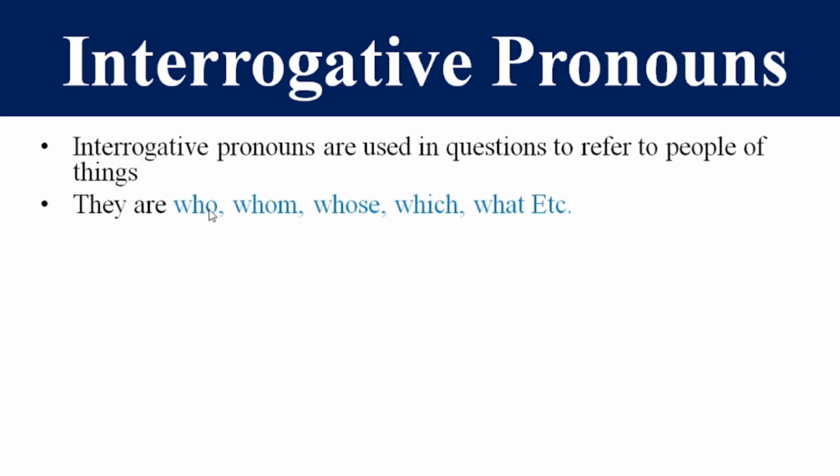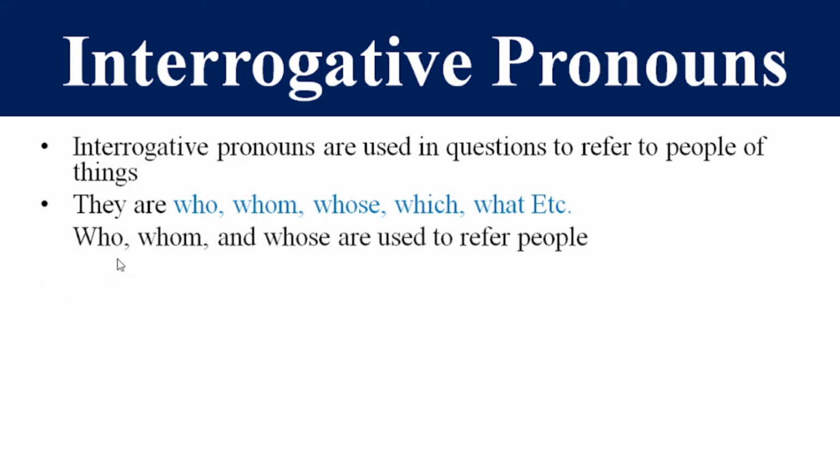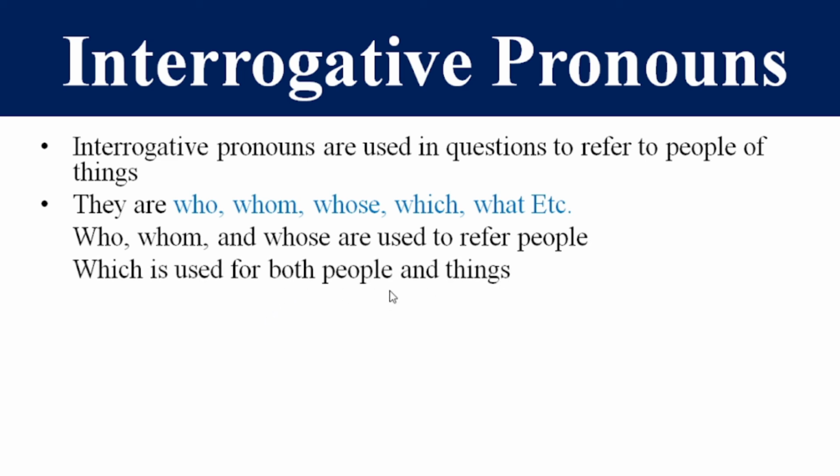They are who, whom, whose, which, what, etc. Who, whom and whose are used to refer to people, and which is used for both people and things. This is a note we need to keep in mind when we use interrogative pronouns.